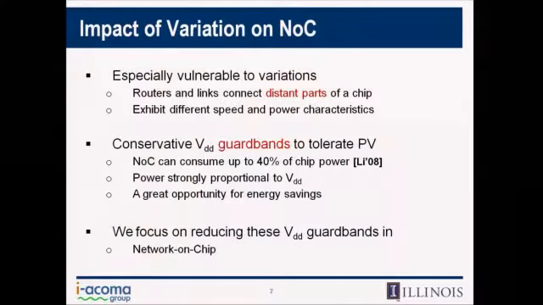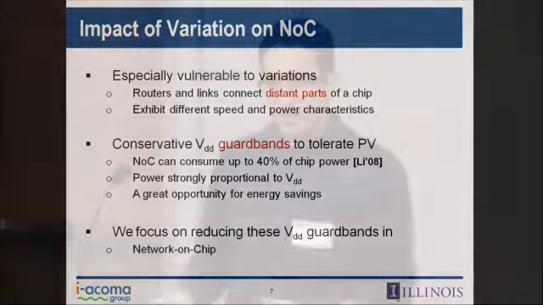So we're going to start with network on chip. What is the impact of variation on NoC? Network on chip is especially vulnerable to variation. This is because the routers and links connect very distant parts of the chip, and due to systematic variation, they will exhibit very different speed and power characteristics across the chip.